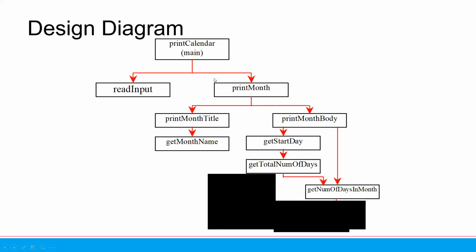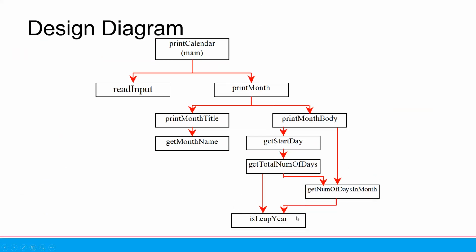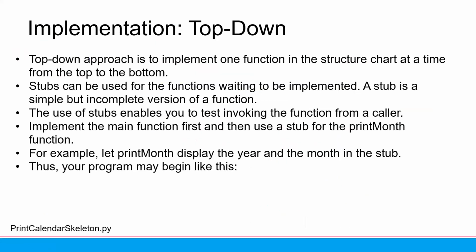If I know the start date, then I will check the total number of days, so we can get the number of days in the month. And we will check whether it is a leap year or not.